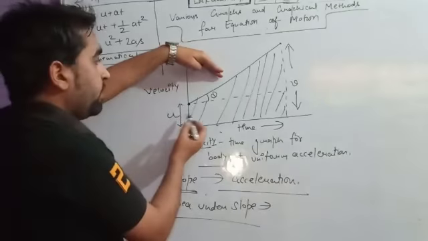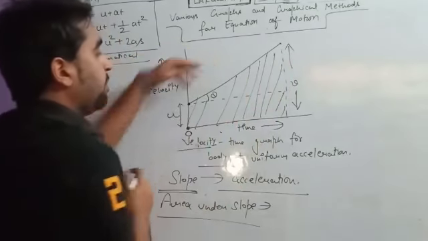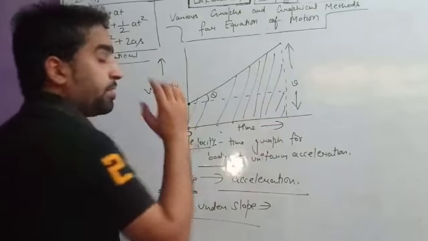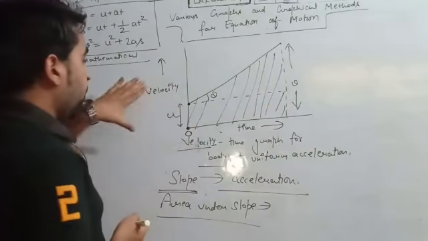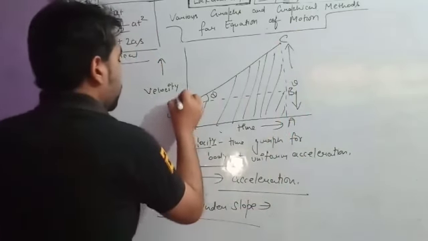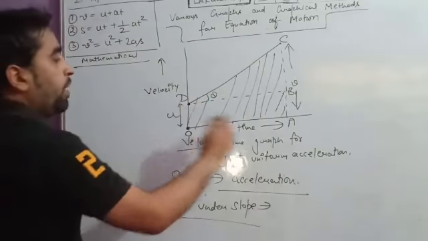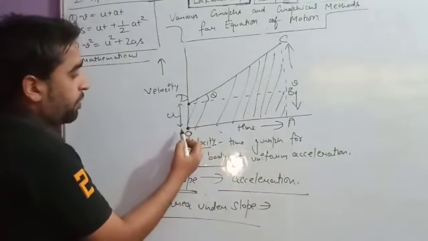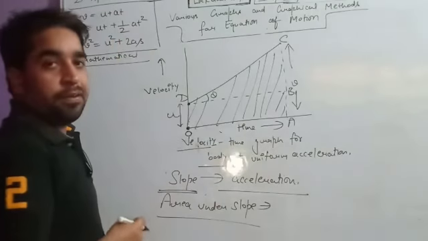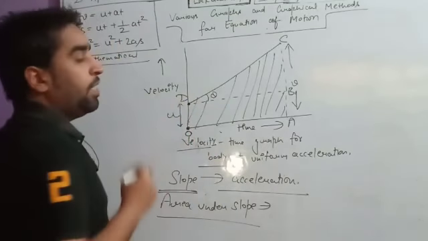You can clearly see this is a shape of a trapezium. Okay, there are two parallel sides and there is a distance between the sides. If I name the vertices, the parallel sides are OD and AC, and the distance between the sides is OA. So area under slope we can calculate, because this is the area of a trapezium.